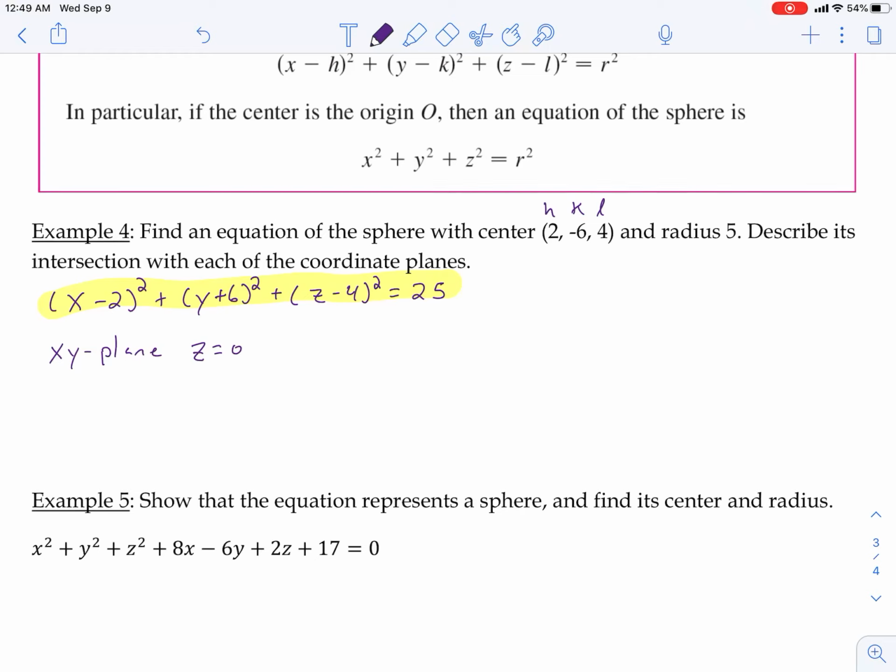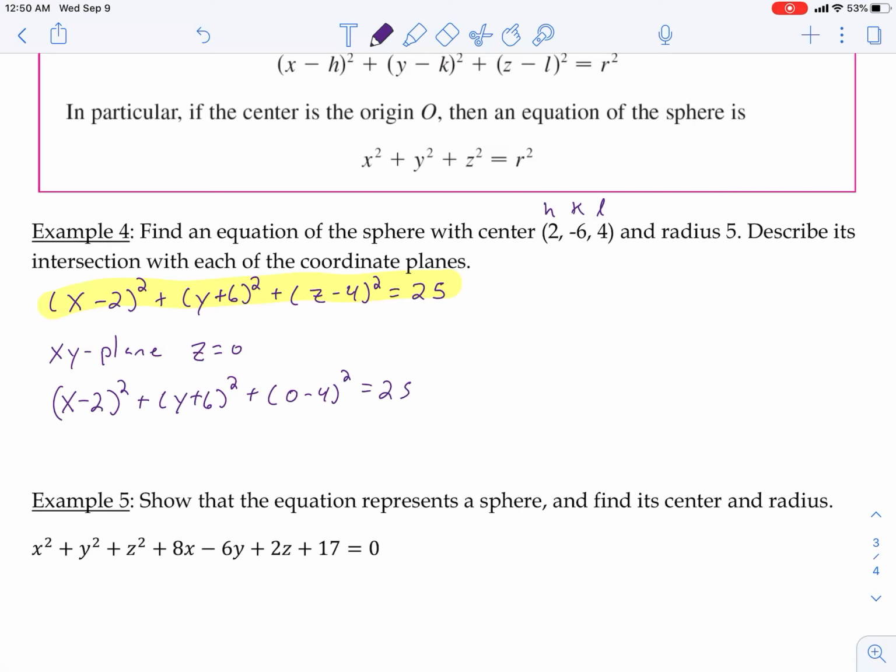Since this is a sphere, when it intersects the xy plane, what's going to be created is just a circle. So when we substitute in z equals 0, we get x minus 2 squared plus y plus 6 squared plus 0 minus 4 squared equals 25.